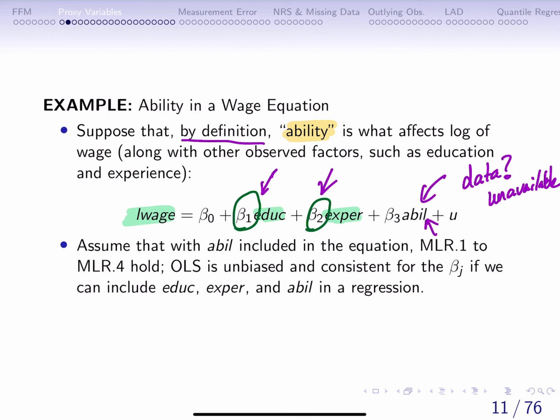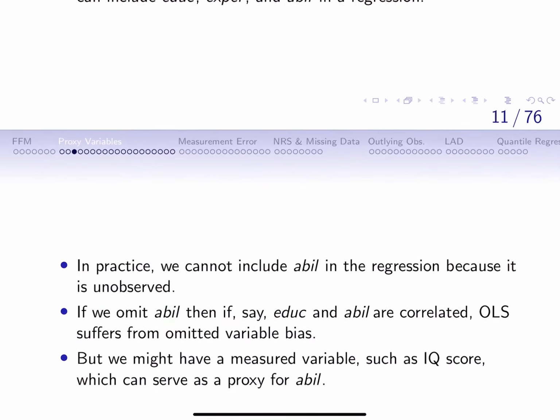So here, one thing to keep in mind is that, assuming ability is included in the regression, all those 4 assumptions that we keep talking about in multiple linear regression hold. And so the OLS estimates that you get for beta 1 and beta 2 are unbiased and consistent.